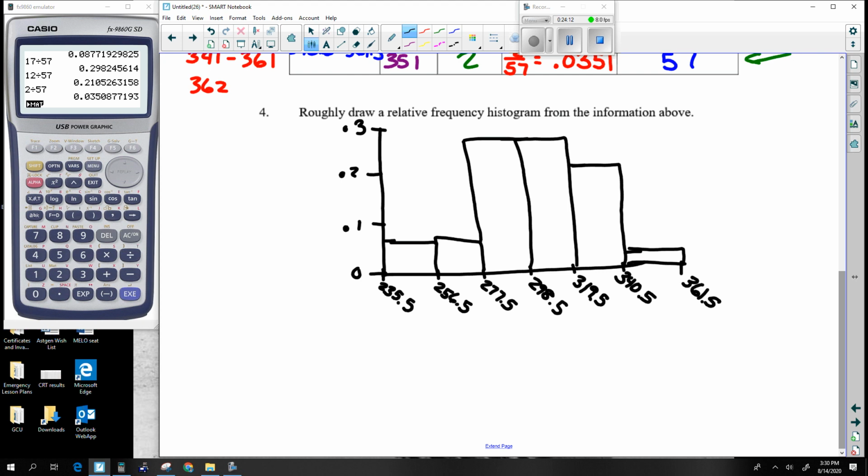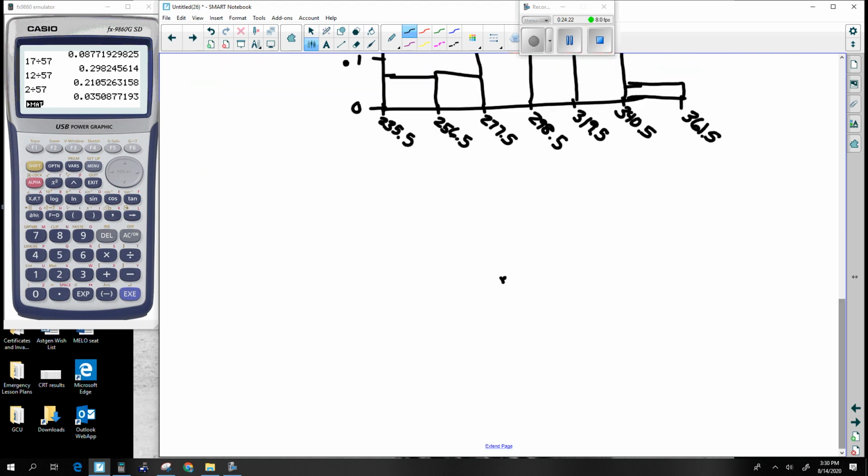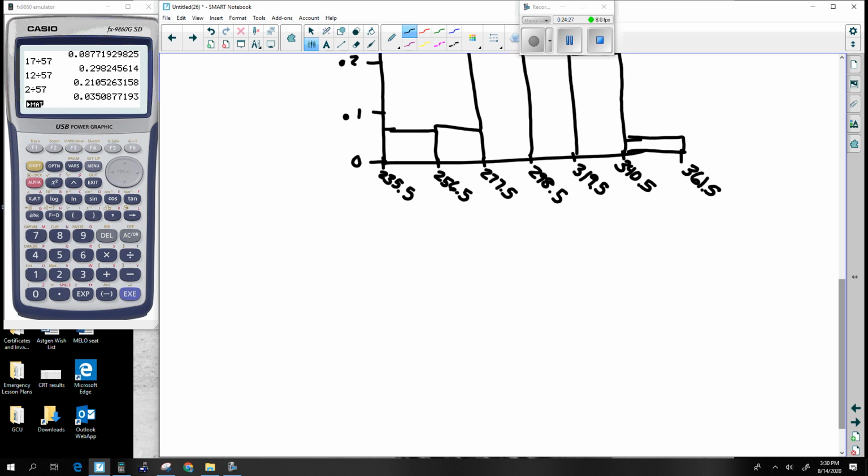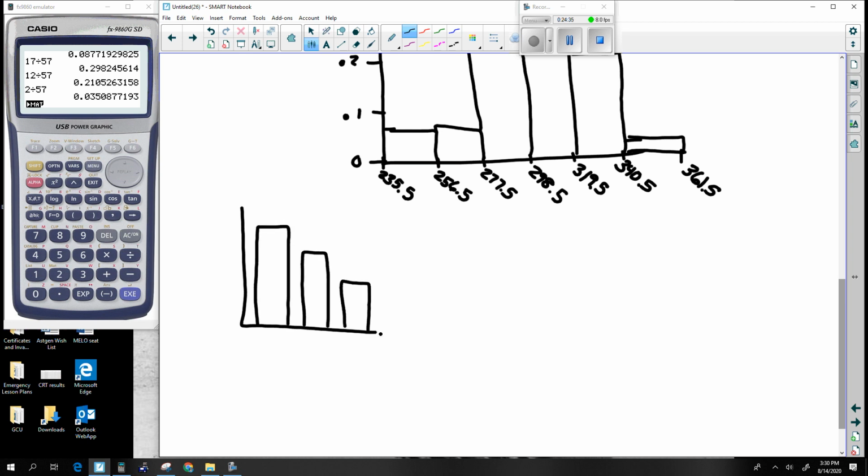All right, that should be it, everybody. That is the very last lesson. Again, this will be on the test, as well as pretty much identifying or creating a Pareto chart. So again, if you have forgotten a Pareto by now, it is a bar graph that goes downhill.